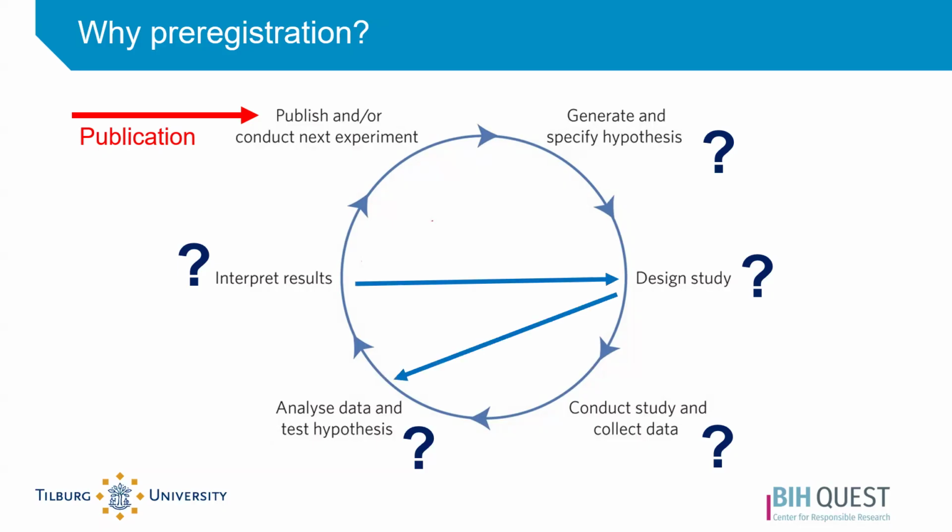For example, we could go into this empirical cycle again: hypothesis, design a study, and then analyze the data. And then when you come to the results, you might think, hey, these are not the results I expected. These are not in line with my hypothesis. Okay, well, maybe I go back to the drawing board and use a different statistical analysis, or maybe I remove a variable or add a variable, and then you can do it again.